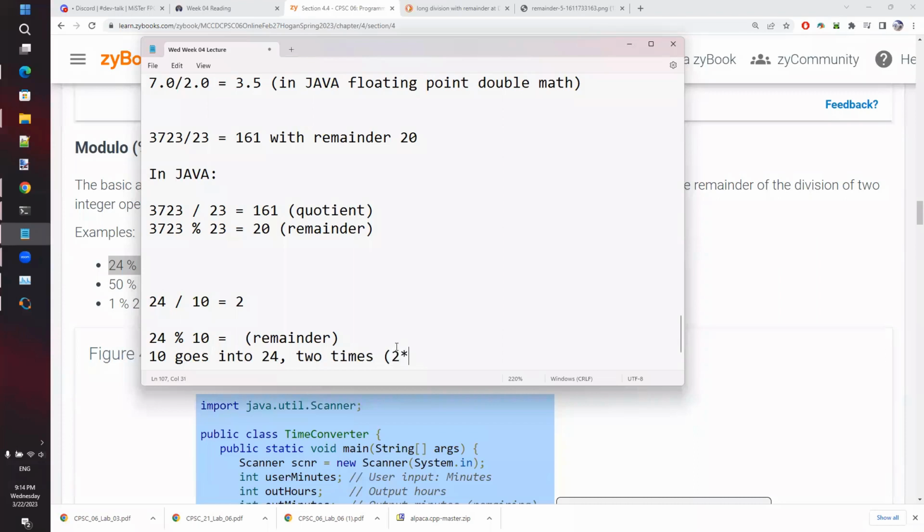So how much is left over from the 20 up to the 24 is 4, right? And that's the remainder. So 10 goes into 24 two times with remainder 4. Okay. And that's what we're doing on these calculations.